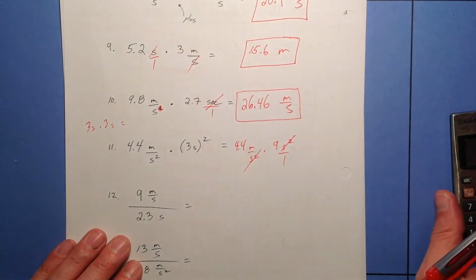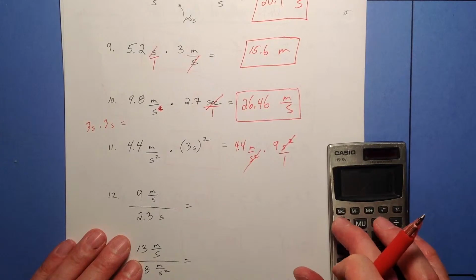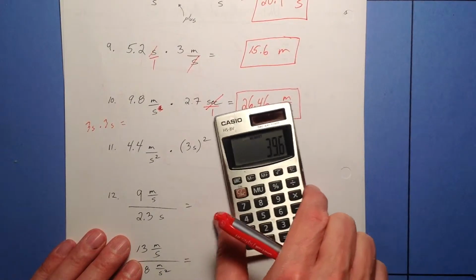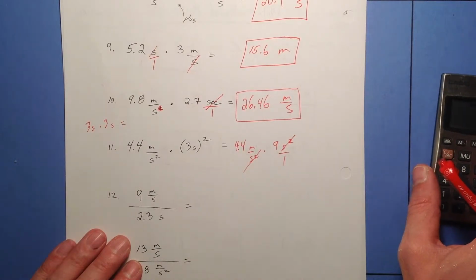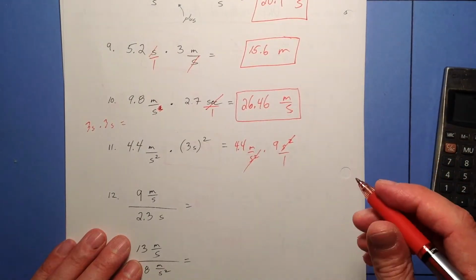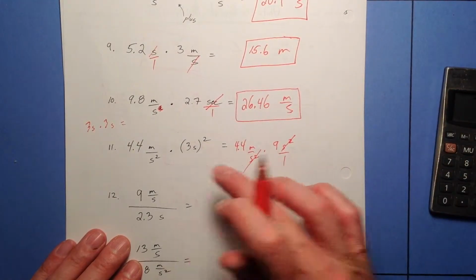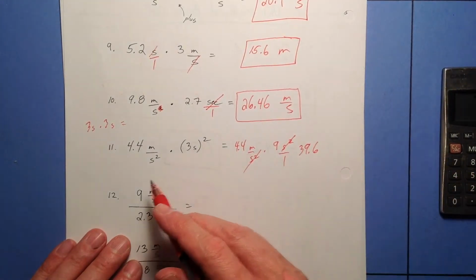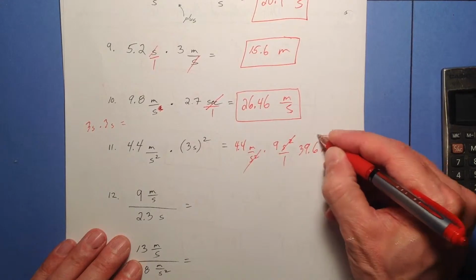See that? And then you have 4.4 times 9. What do I get there? 4.4 times 9 is 39.6. Is that what I said? Yeah. Okay, 39.6, and then the units there are meters.